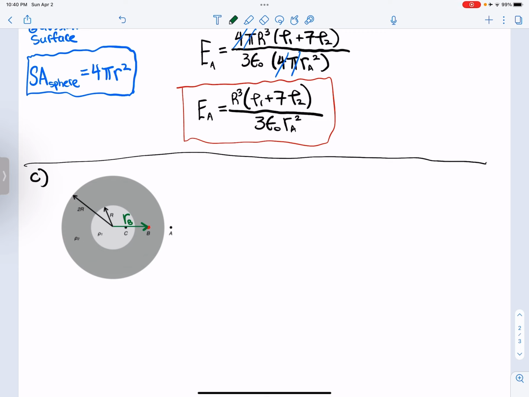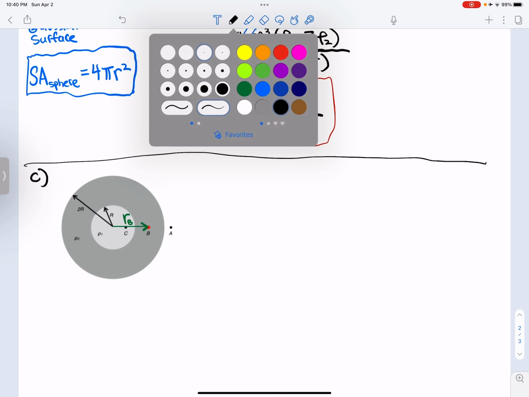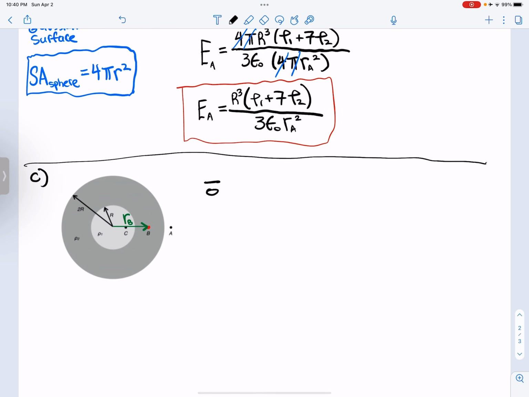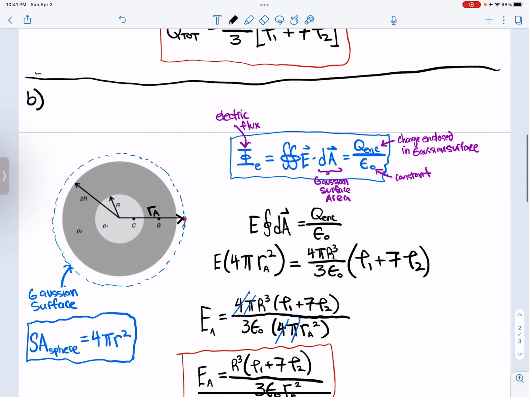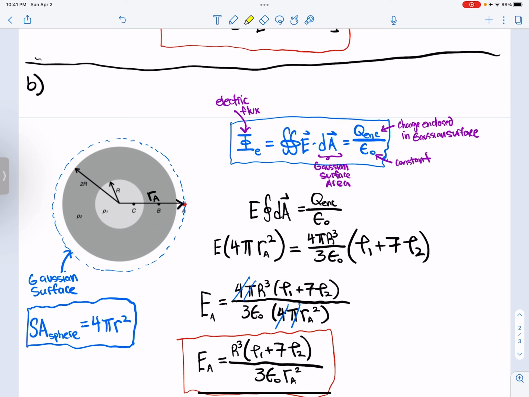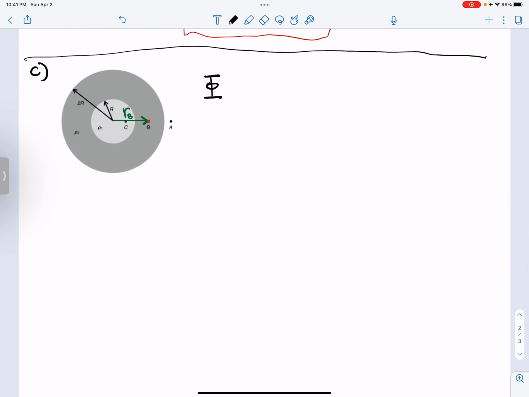I'm gonna use the same formula I did earlier, which is the electric flux formula. I'm not gonna write it in blue this time since I already wrote it in blue here, and hopefully you guys will have that in your cheat sheet. All right, so electric flux is equal to the surface integral of the electric field times dA, which is equal to the charge enclosed divided by the constant epsilon naught.